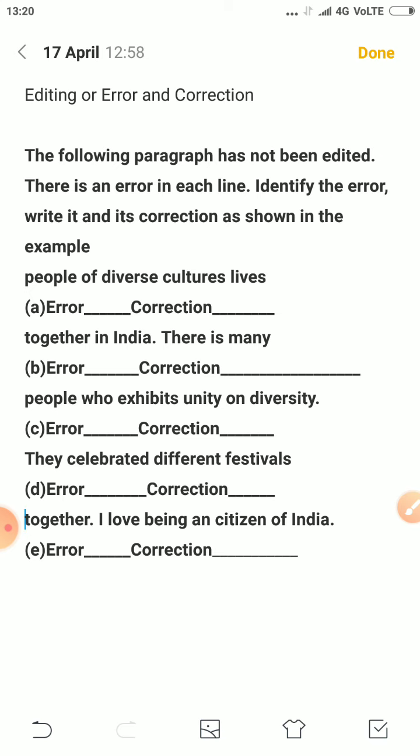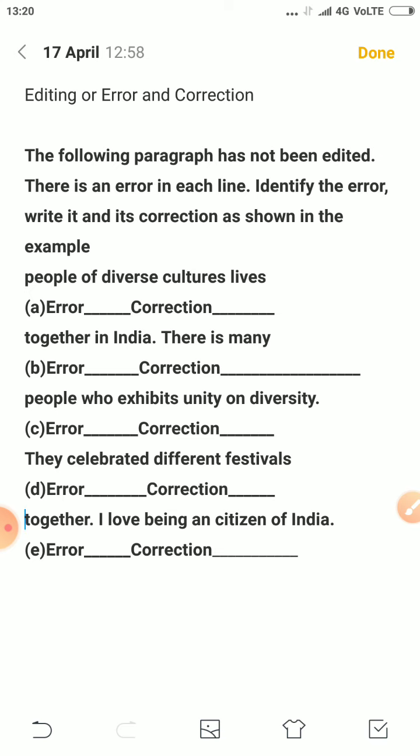I'm going to read all the sentences. People of diverse cultures lives together in India. Full stop. There is many people who exhibits unity on diversity. Full stop. They celebrated different festivals together. Full stop. I love being an citizen of India.